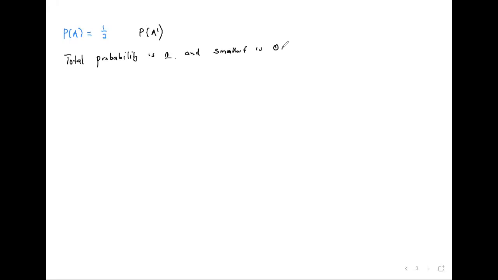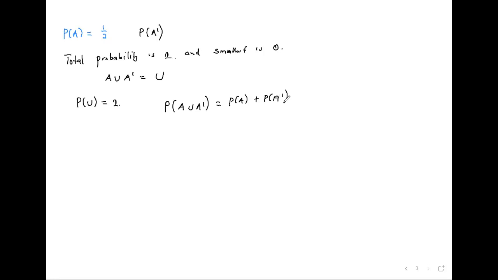We also know that A union its complement is actually the whole universal set. So the probability of the universal set is 1. This means that the probability of A union A complement is the probability of A plus the probability of A complement.